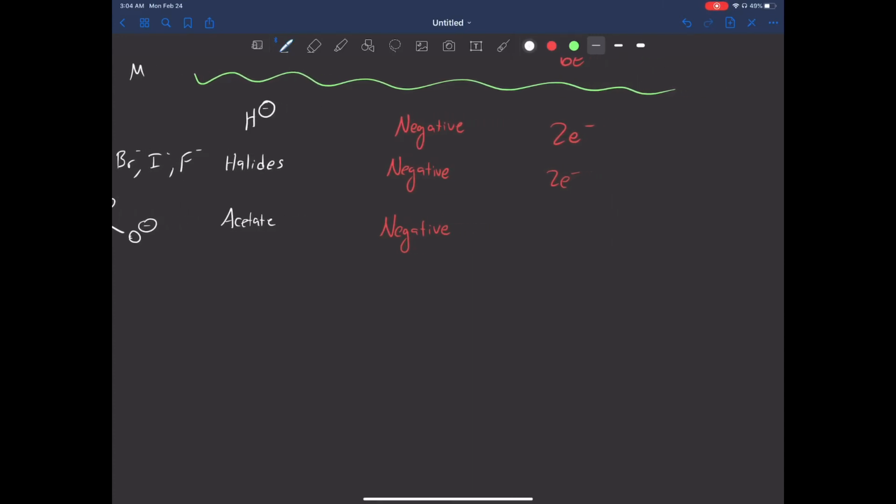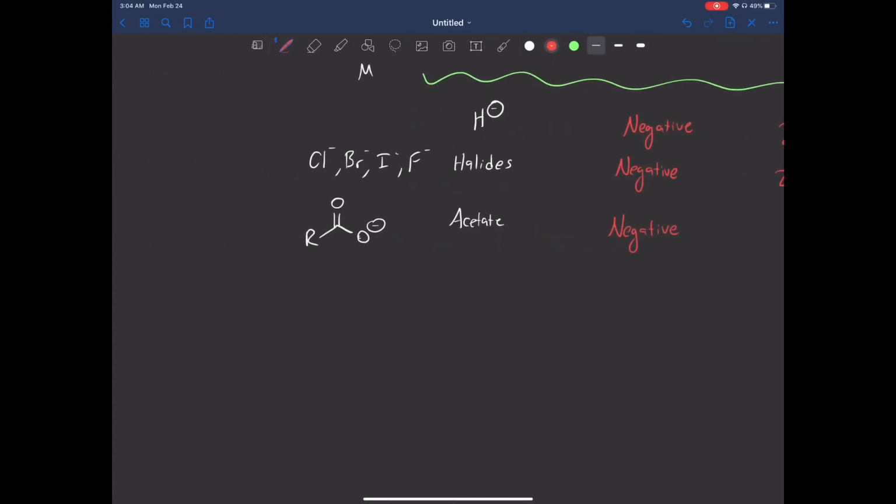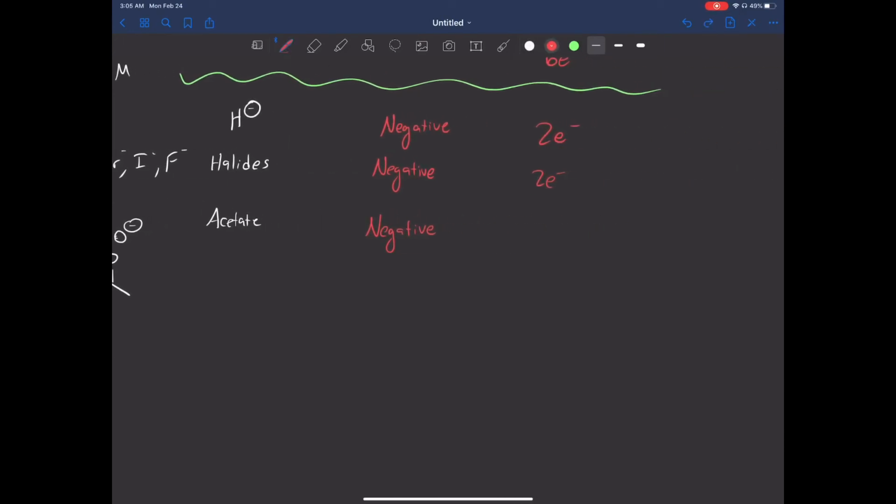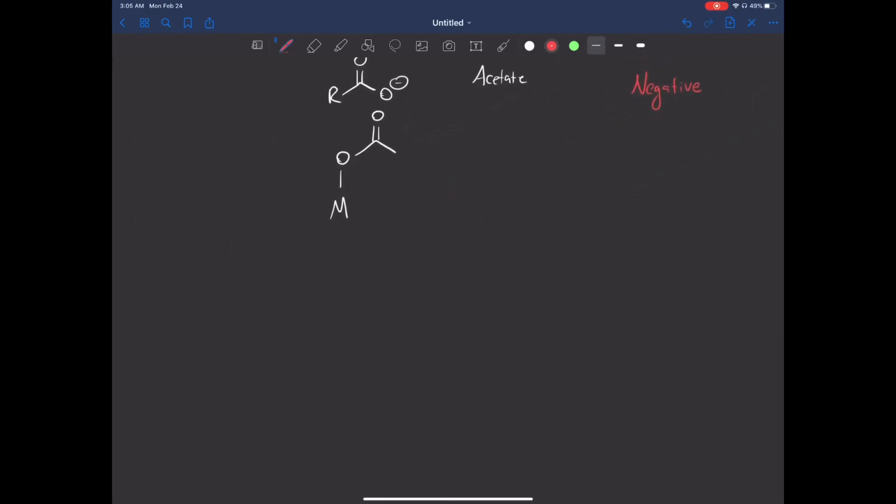So the way you'd see it is here's our metal, right? You can have your O. And so if this oxygen is bound to it right there, it's exactly how you do it normally, negative and 2 electrons, right?